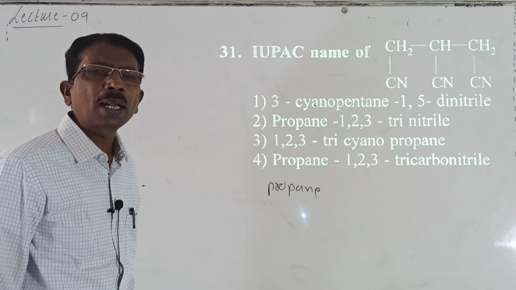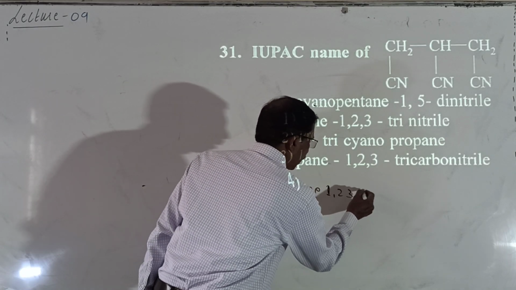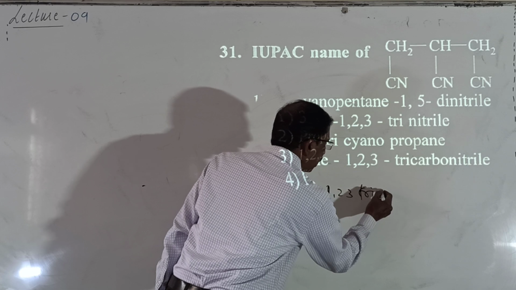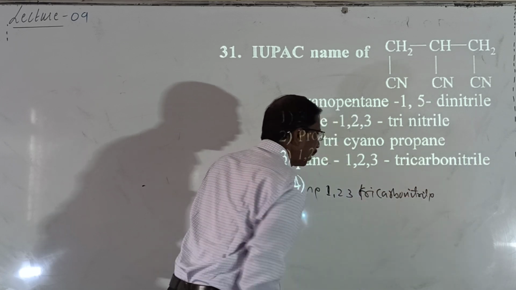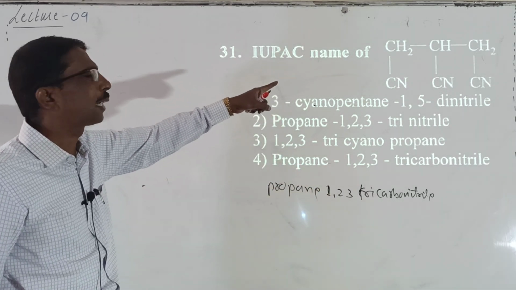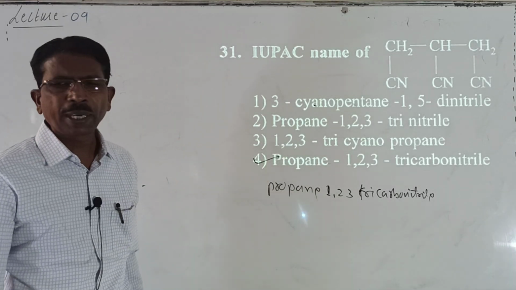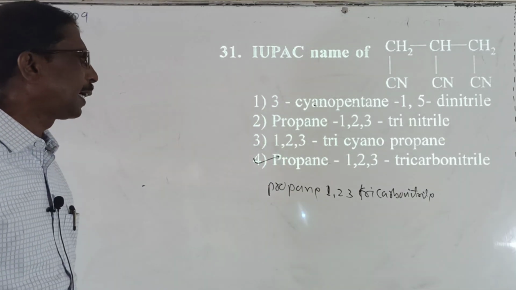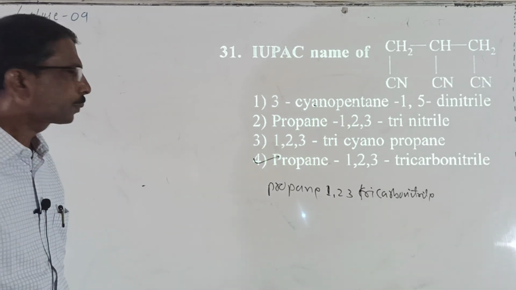It is nothing but carbonitrile. We have to add carbonitrile, which means a carbon atom is there. So here it is propane-1,2,3-tricarbonitrile. So look here students, it is the name of this compound.